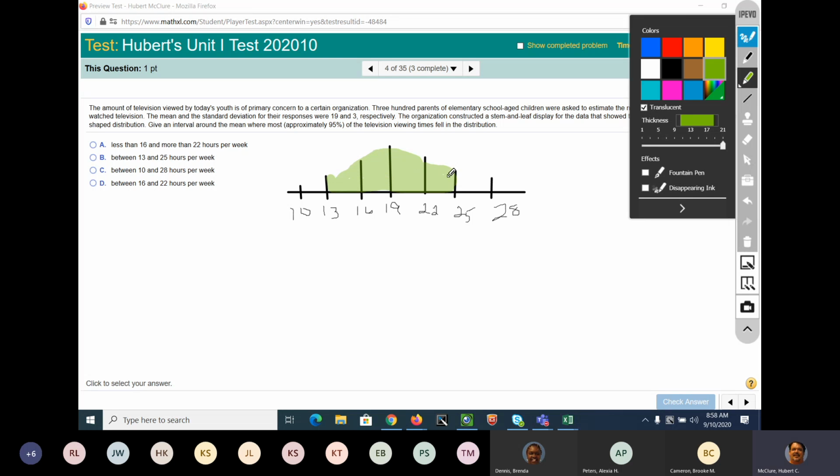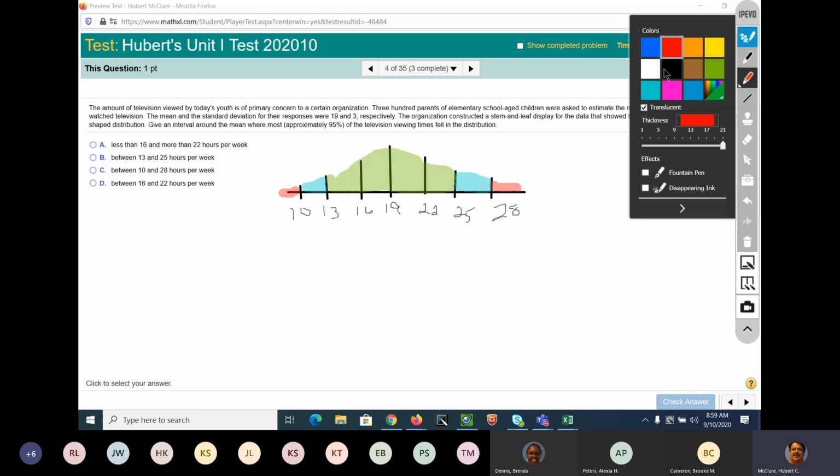And I think that's what, but I'm going to go ahead and fill the rest of it out. And we know that unusual is right here, and outliers are out here.